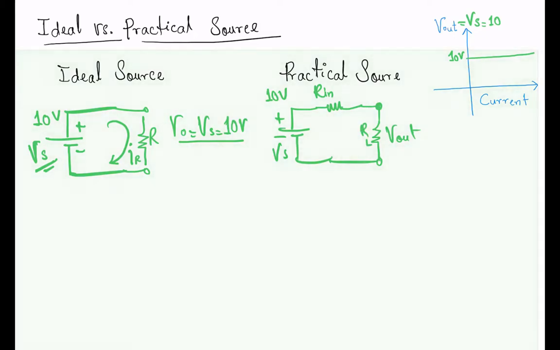This time the output voltage is not going to be equal to Vs. Instead it's going to be Vs minus the current flowing in this circuit times Rin, the internal resistance. Let's see a couple of examples.